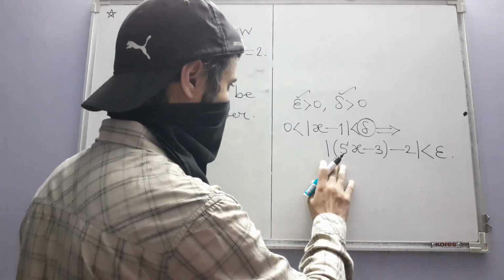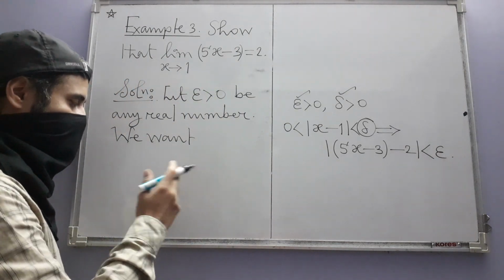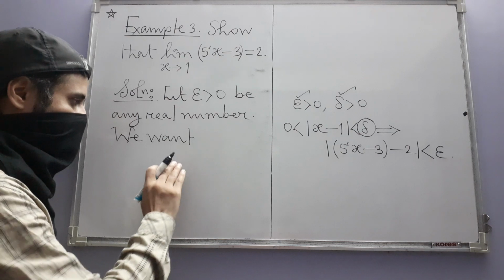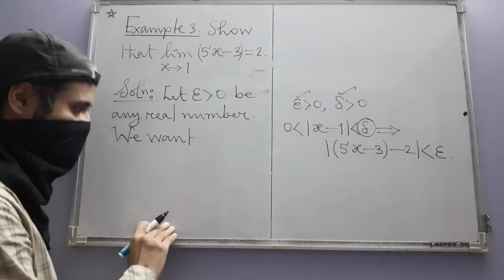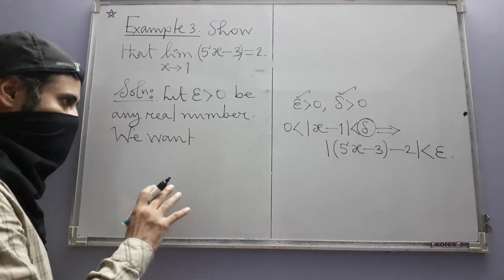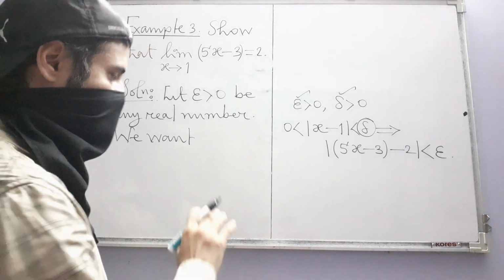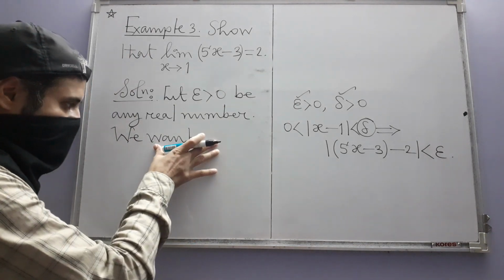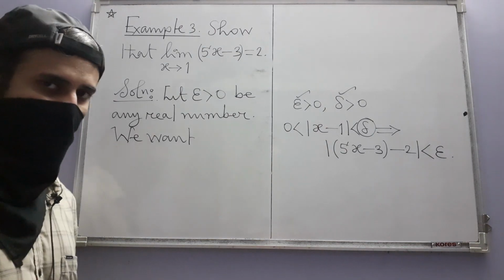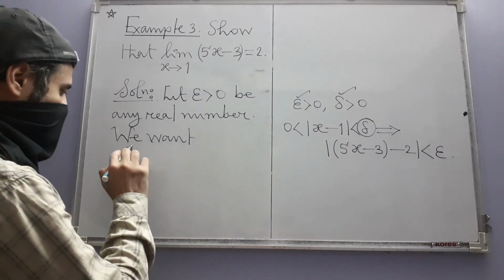There is no need for this back calculation to be a part of this solution itself. But because our aim is not presenting something formally, but rather understanding the thing, let me just do the back calculation here itself and not as rough work. So we want this to happen.